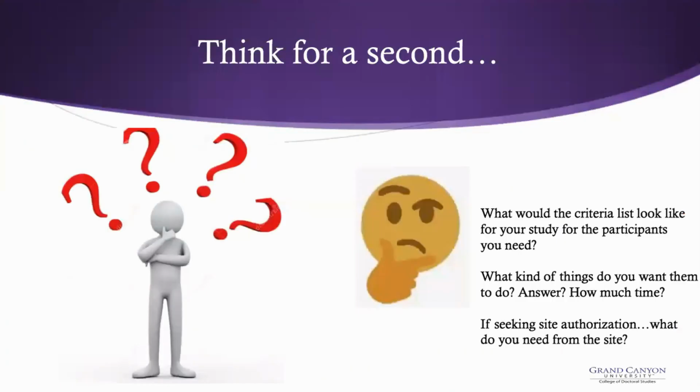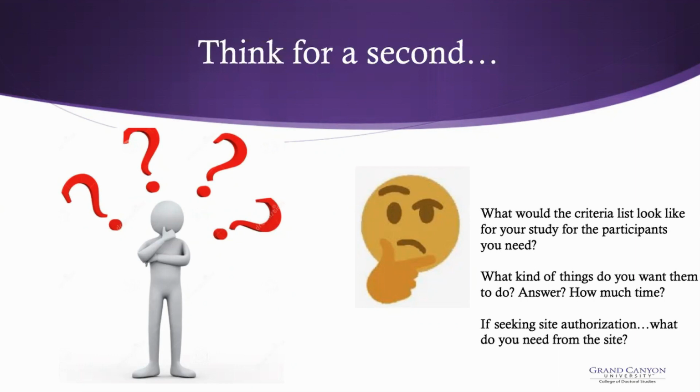All right, so let's think a little bit here for a second. If you're going to ask participants to be in your study, what does that list look like? What are you asking of your participants? How long is it going to take them? And are you asking a site to do something for you? Are you asking a business to send out emails to their employees? Are you asking a school to interview their teachers?